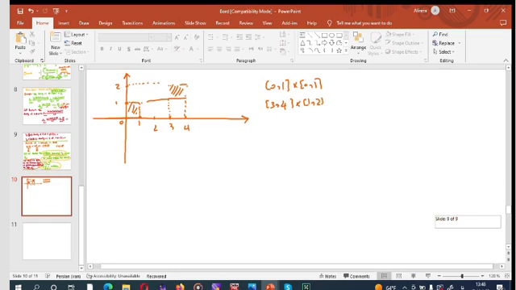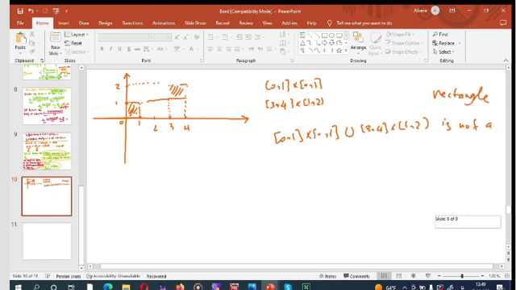We see that this union is not a rectangle.